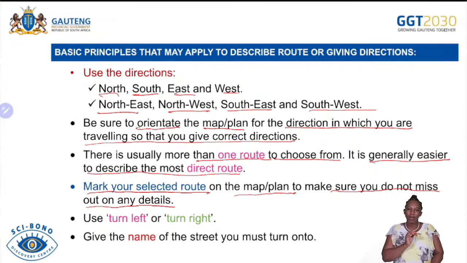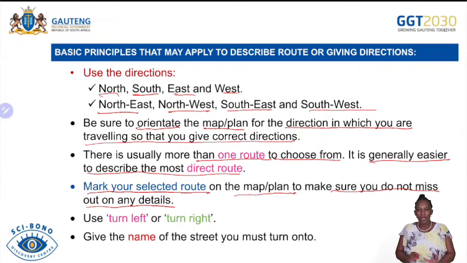At the robots, I must turn to the right, go straight up until the first or second robot, and then at the second robot, you give me the landmarks: you'll come across a shopping complex there. The shopping complex will be on your right, and then you turn to the left.